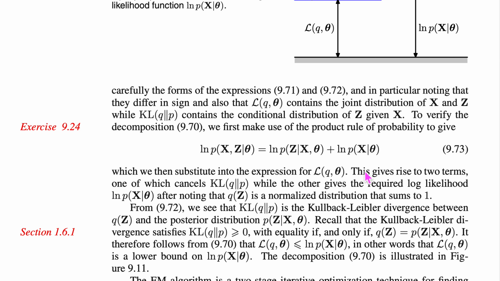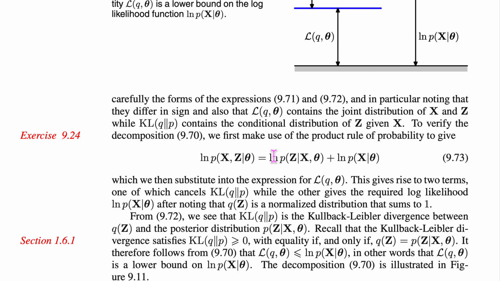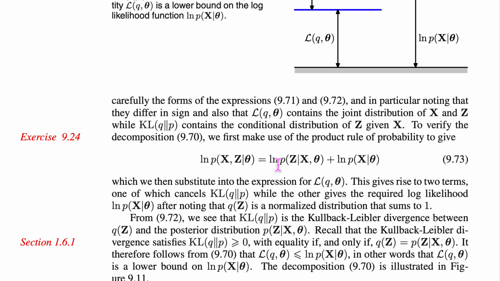Okay, so again, this whole Q thing gets super, super confusing to people. I'm not a big fan of this version of the notation. Why do we keep saying Q? Because really, what we're talking about is this. Q is the probability of the latent variables given both the data and the parameters.